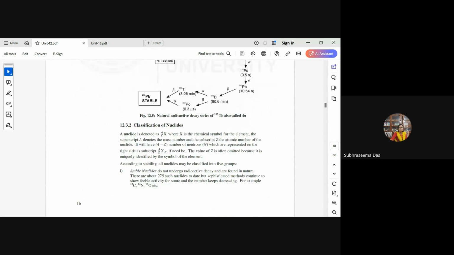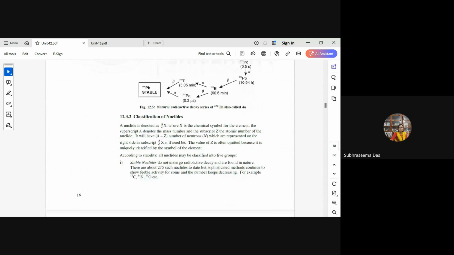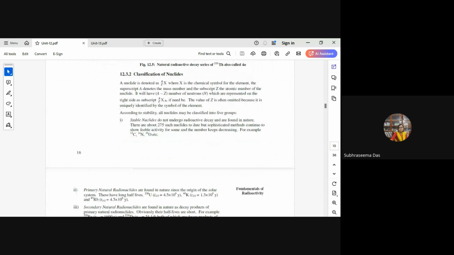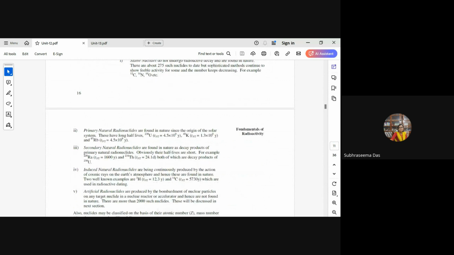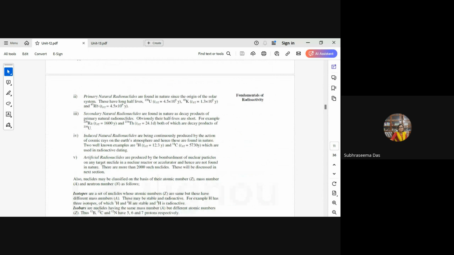We had also studied the classification of various types of nuclides. The first group is the stable nuclides that are found in nature and do not undergo any type of radioactive decay. The second group is the primary natural radionuclides, which are found in nature and have very long half lives, like uranium 238, which has a half life of 4.5 times 10 to the power 9 years.